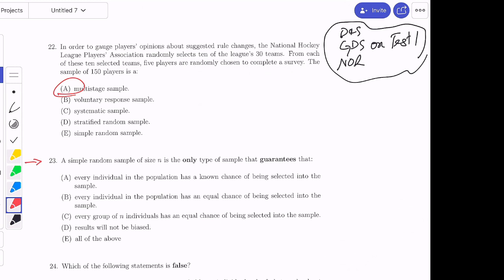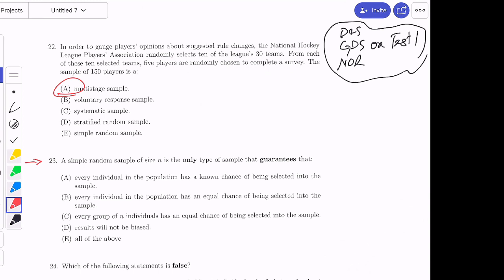Okay, so you guys are not picking the right answer, but you're going around the standard understanding of what a simple random sample is. Every individual in the population has a known chance of being selected into the sample. That was A. Every individual in the population has an equal chance of being selected into the sample. Very interesting.